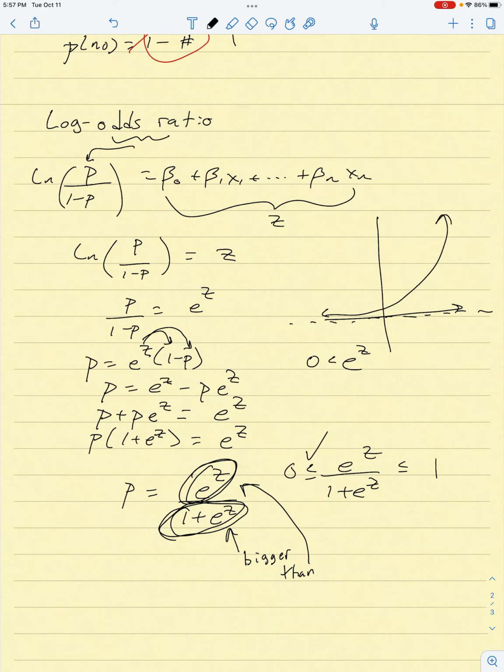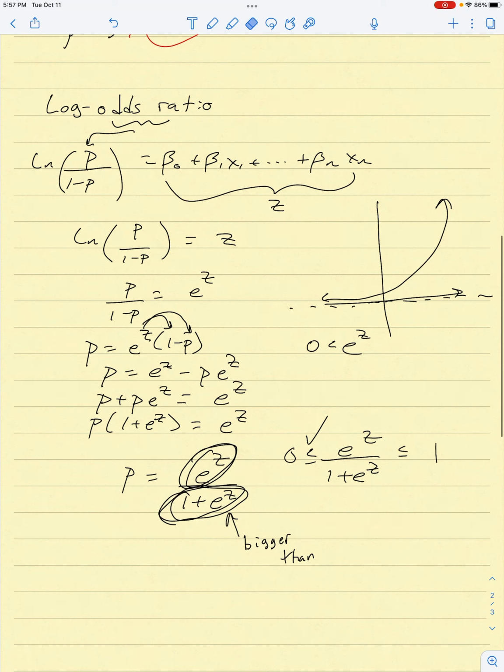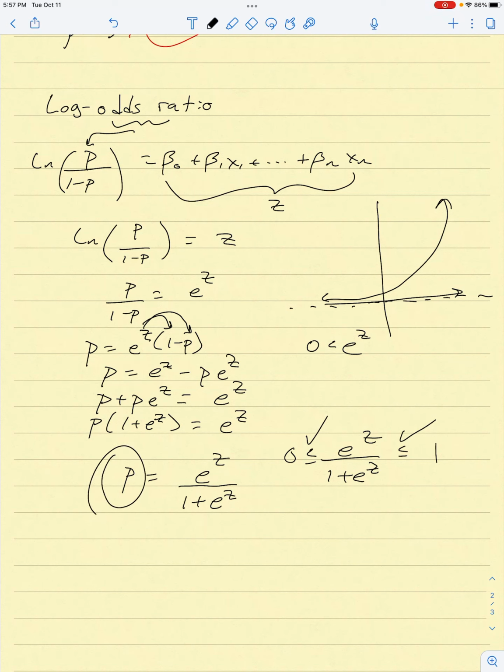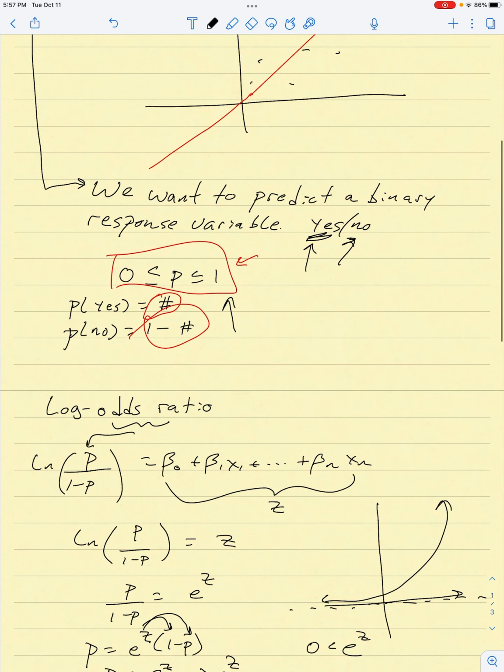And if you're dividing by a number that's bigger than you, well, you're going to end up less than 1. Then you're just going to be a fraction. So we have that this is going to be a number between 0 and 1, which is what we want because it's a probability, right? P equals this. P is a probability, right?